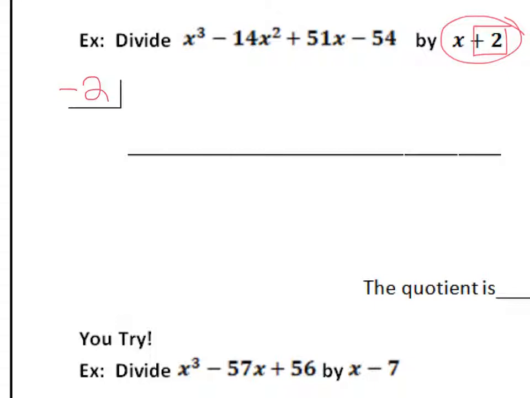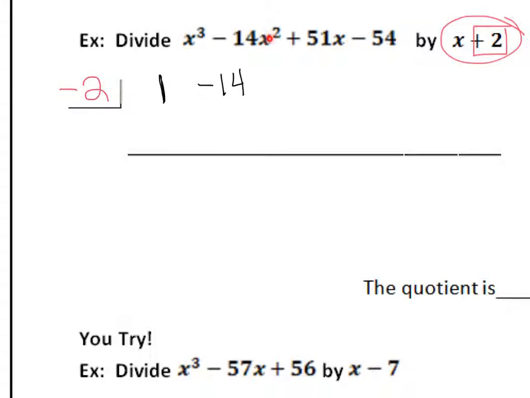Now we're going to write down the coefficients of each term, making sure that if there is a degree missing, if they do not go in order, you fill in a 0 for it. And we'll see one like that. So we have an x cubed. It's by itself, so that means a 1. After an x cubed, you would expect to see an x squared. We have that, so we bring down the negative 14.